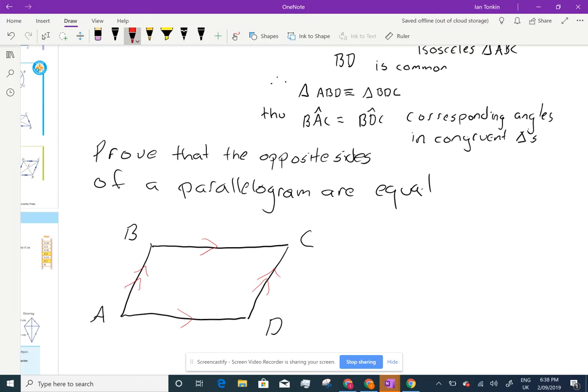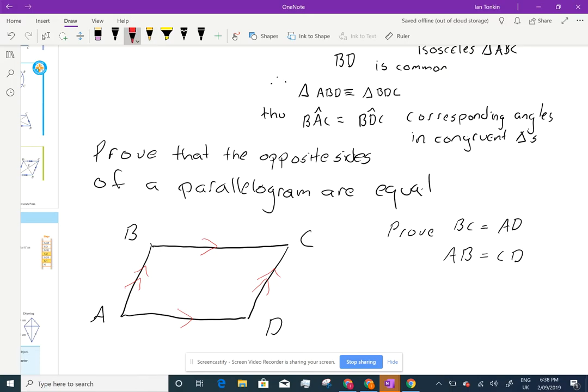Well, how are we going to do this? We've got to prove that BC equals AD. All right, so we're going to prove BC equals AD. We're going to prove that AB equals CD.